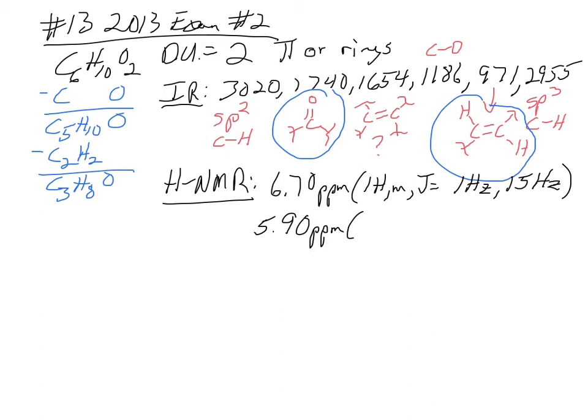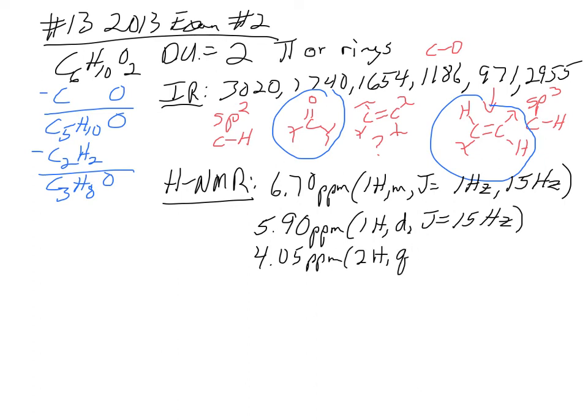All right, 5.9, 1H. It's going to be a doublet, and it has a coupling constant of 15 hertz. Cool. Another one at 4.05 ppm, 2 H's.